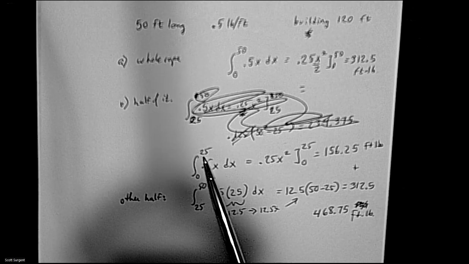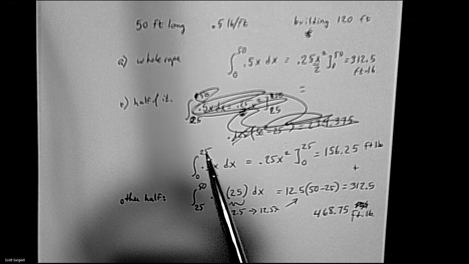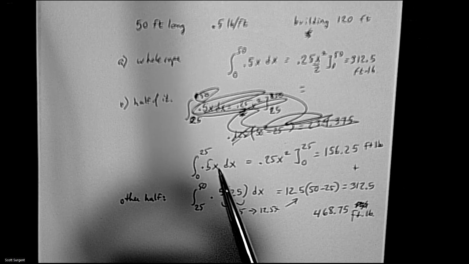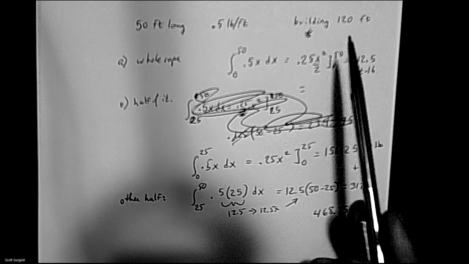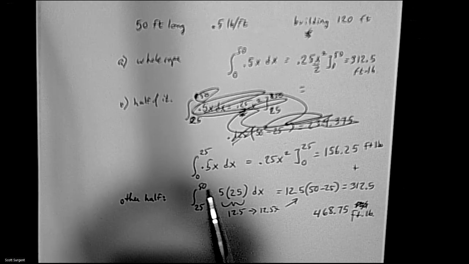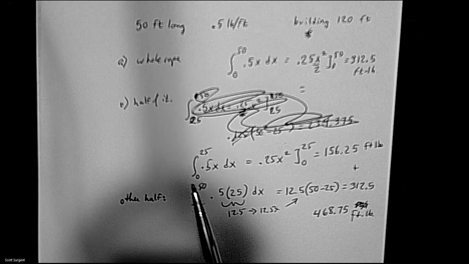And then at the top bound, at this point I've pulled up half the rope, between 0 and 25 feet. So it has to do with where I mentally placed my origin at the top of the building. If you place it at the bottom, that gets a little tricky because we can actually ignore the 120. I think it just makes sense to place the origin at the top because it makes for a cleaner integrand.